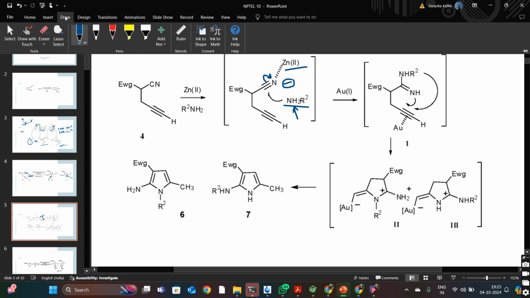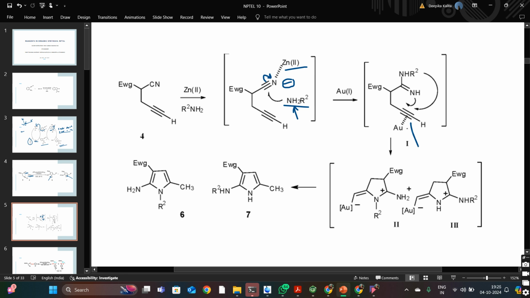So if we show the electron pushing, this alkyne is now going to be activated by the gold catalyst, and now you have two possibilities of cyclization, because you have this amine fragment as well as this imine fragment present in the molecule.